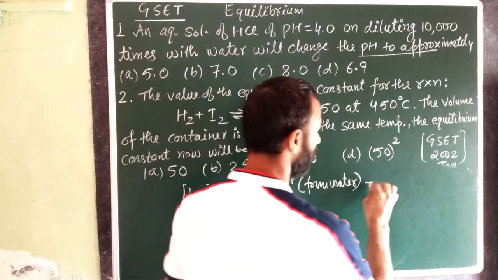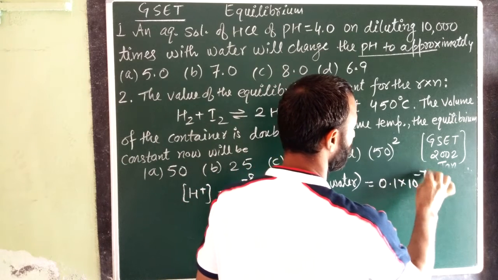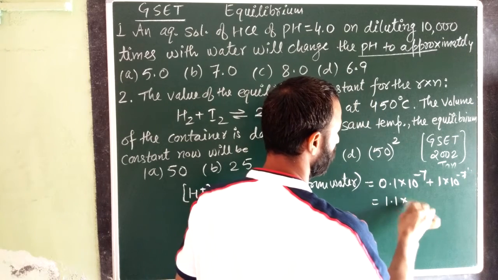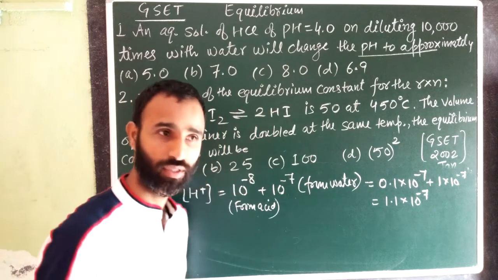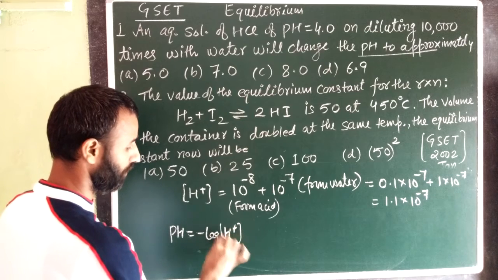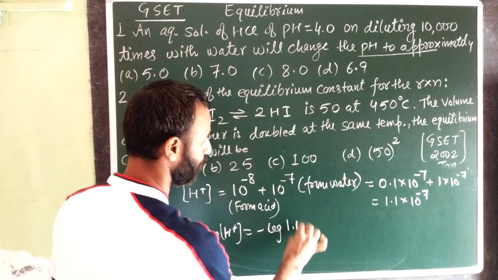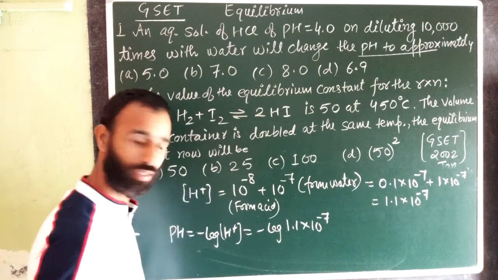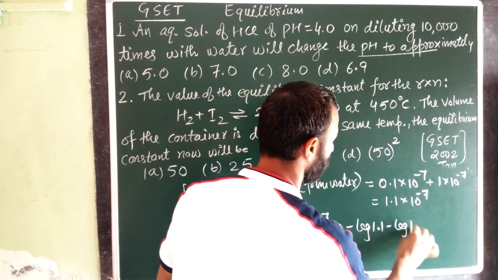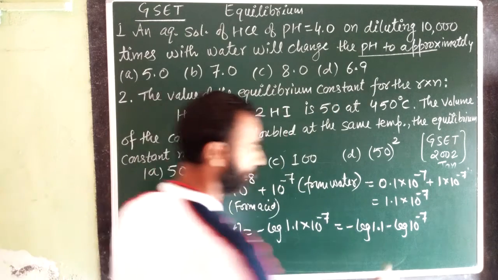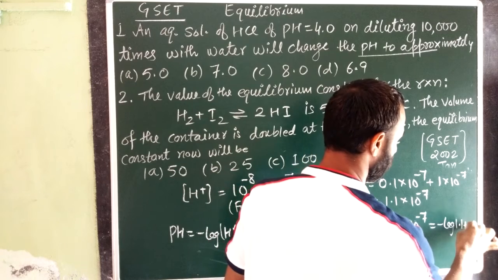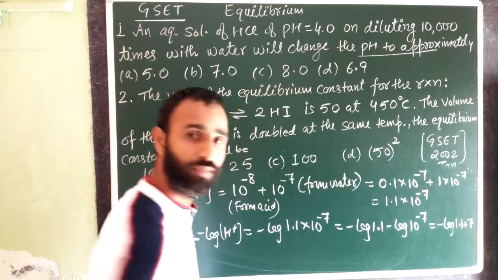That's why we should add. So we get 0.1 into 10 raised to power minus 7 plus 1 into 10 raised to power minus 7, which is 1.1 into 10 raised to power minus 7. So pH is negative log of the H plus ion, so minus log of 1.1 into 10 raised to power minus 7. That is minus log of 1.1 minus log of 10 raised to power minus 7, which means minus log 1.1 plus 7 times log 10, which is 1.